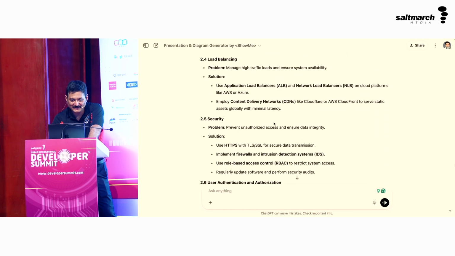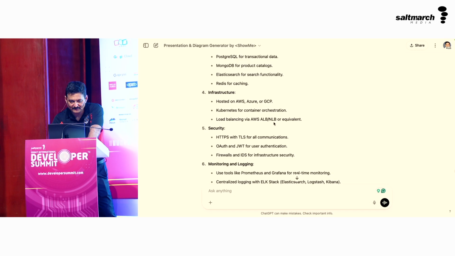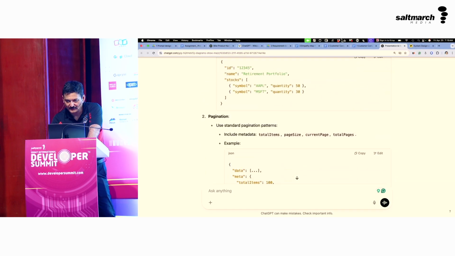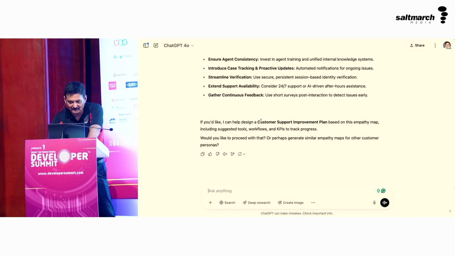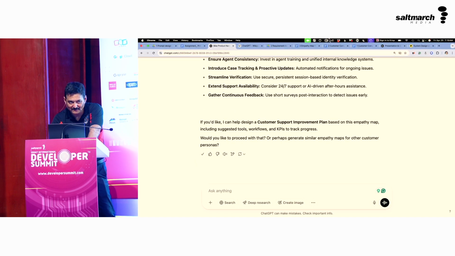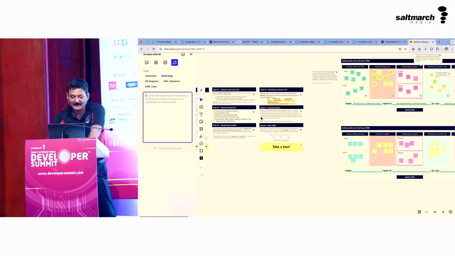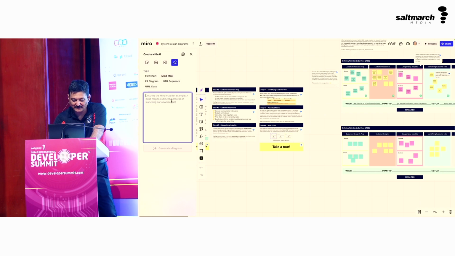So this is the empathy map which I created. Right here. Yeah, that's the empathy map which we got. I copied this empathy map. Now, based on this empathy map, I come in here and create the empathy map. For this one, generate the diagram.